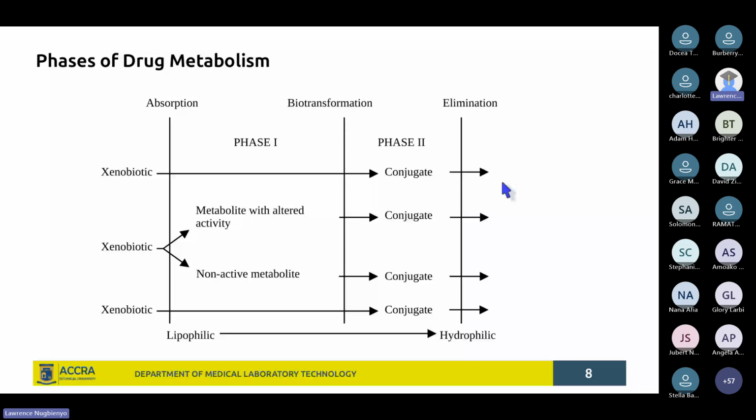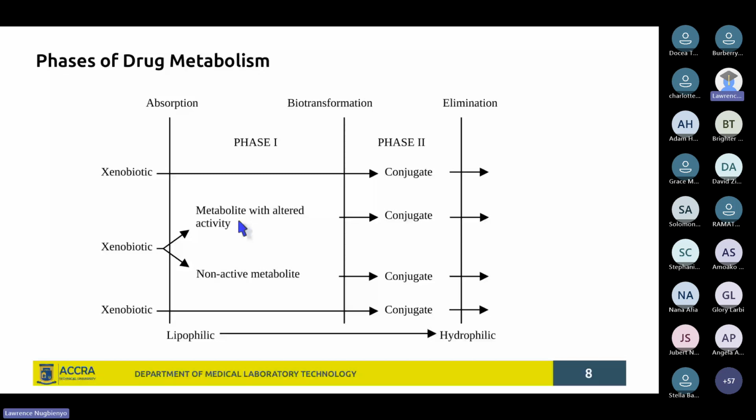Or you have the xenobiotic undergoing phase 1 metabolism before undergoing again the phase 2 metabolism. And phase 1 metabolism can result in the formation of metabolites which are active.